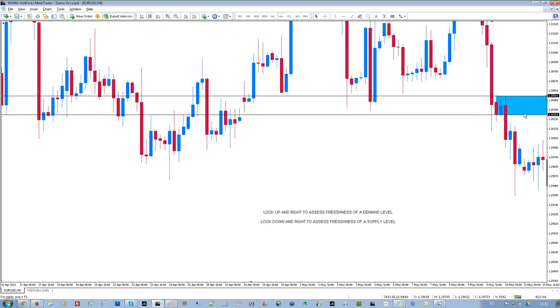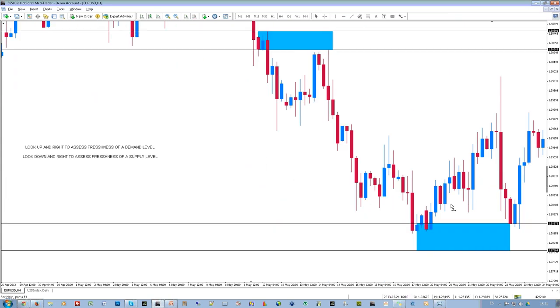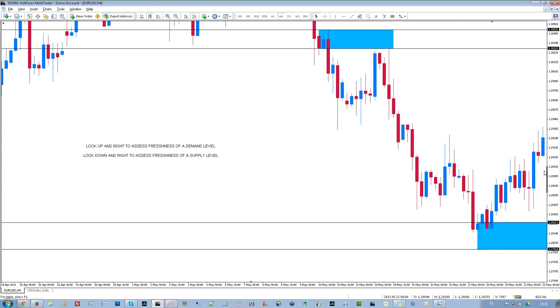When we reach this candle over here, the level is no longer fresh. But until there, the level is fresh. So for a supply level, we look down and right, not left. For a demand level, we look up and right, always right.